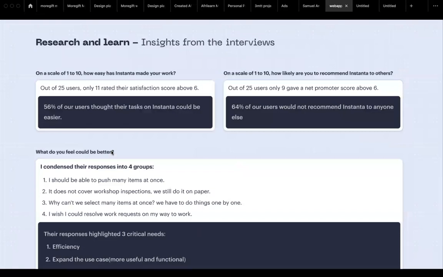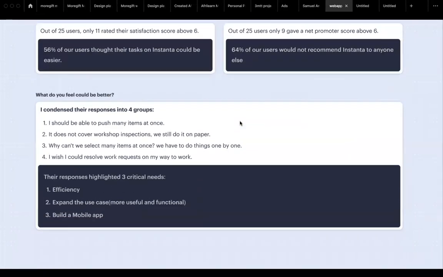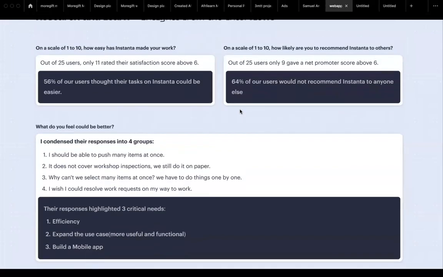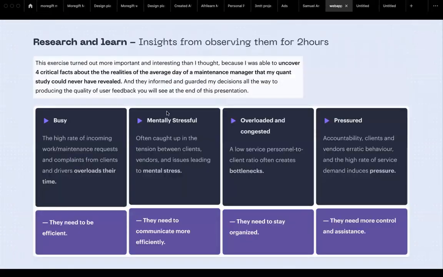Okay, so you've seen how I was able to distill the problem to what they're really looking for from their answers. Now, this is the insight I had from observing them. This is where qualitative comes in.